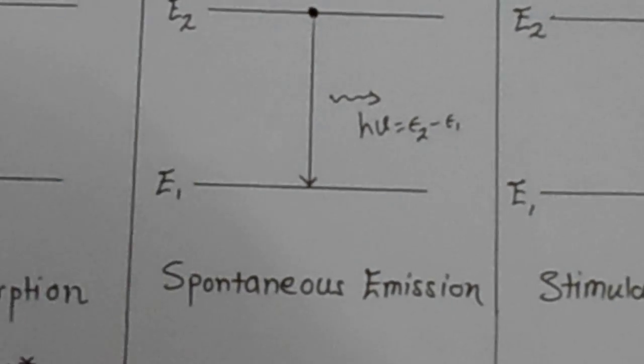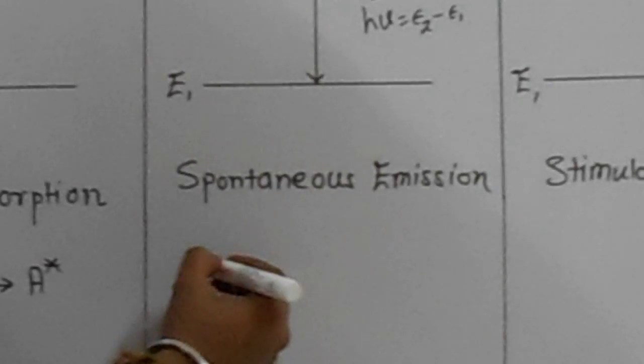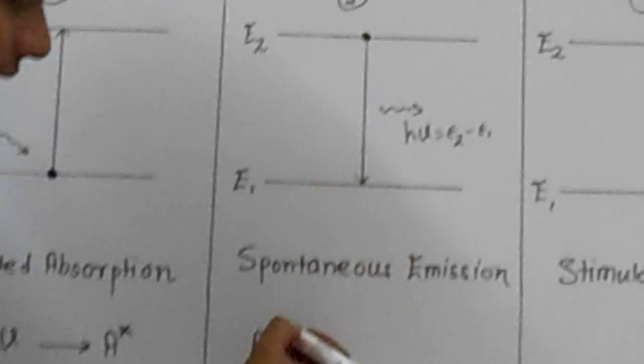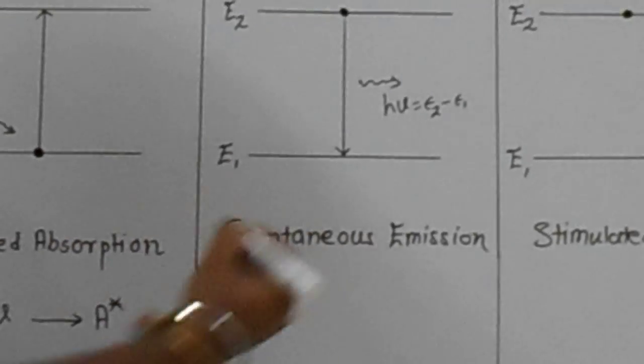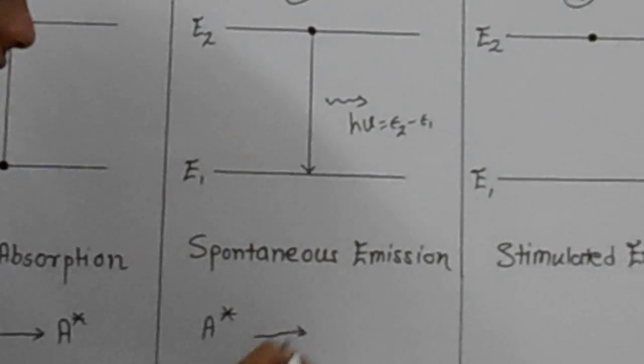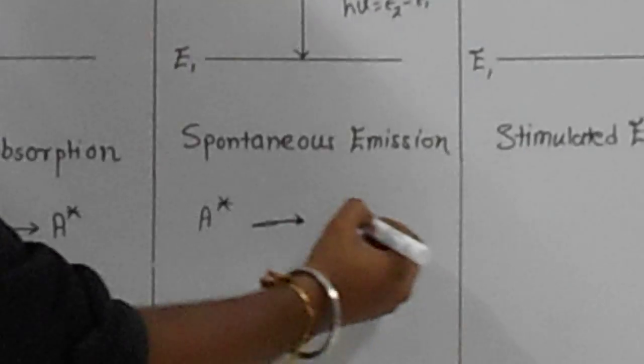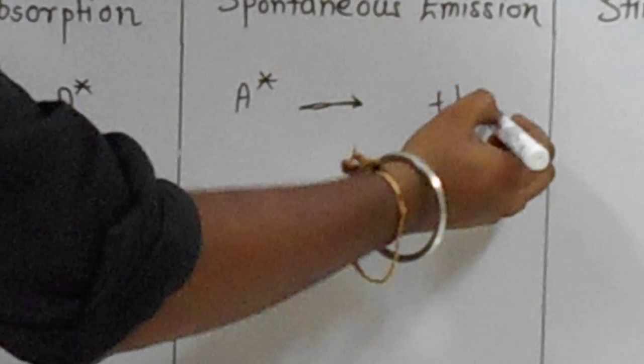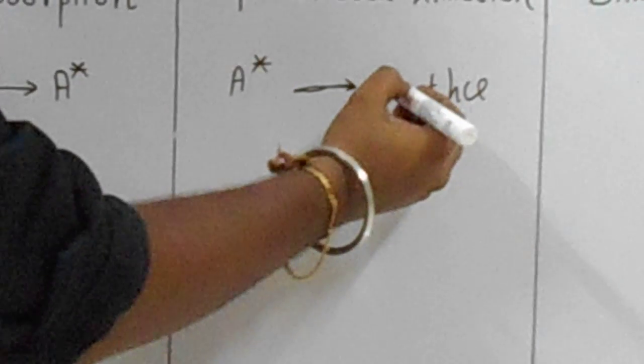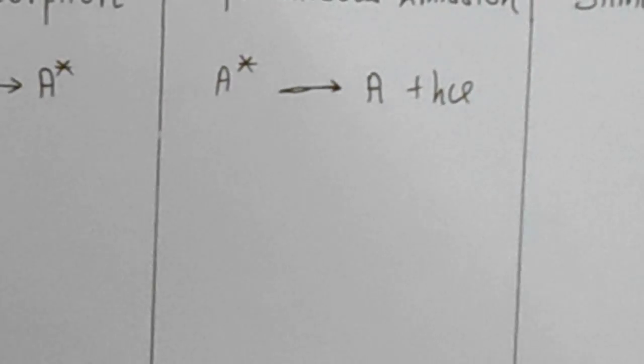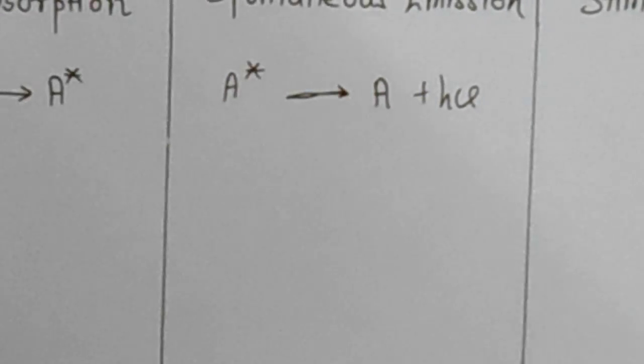If you want to write an equation, the initial state of the electron is the excited state, which we denote as A asterisk, and finally this electron will lose a photon of energy h nu, and you will find the same electron back in the lower level, the de-excited position A.